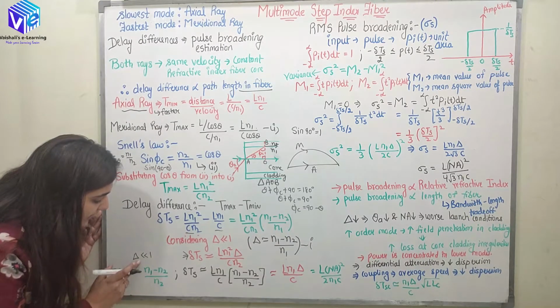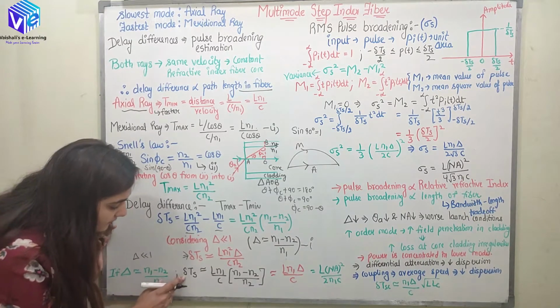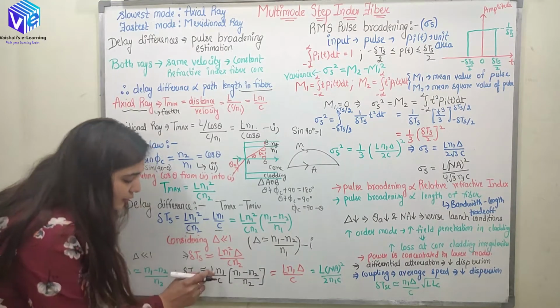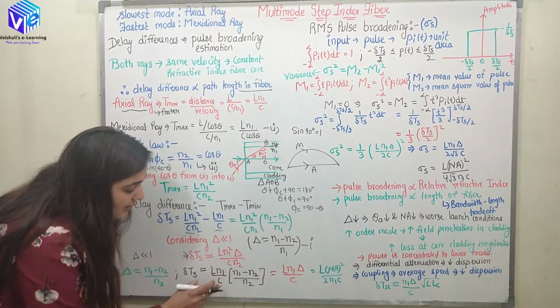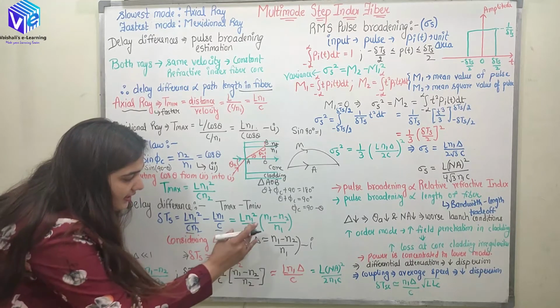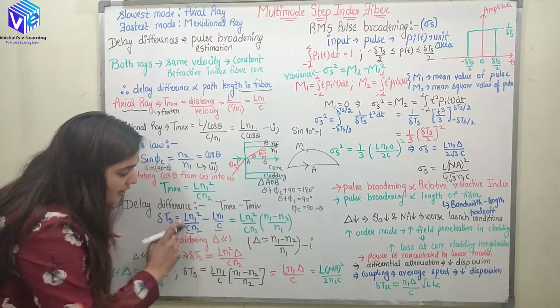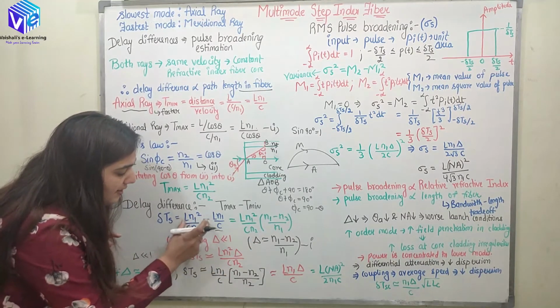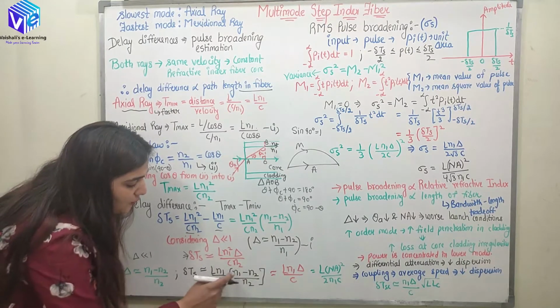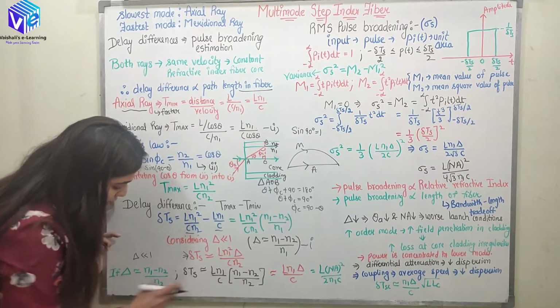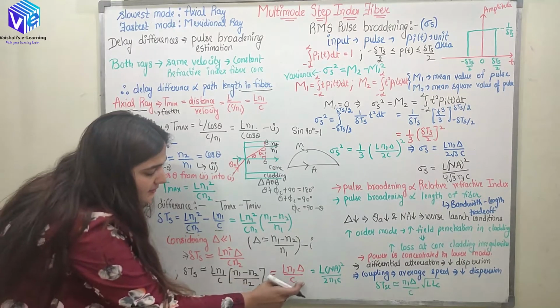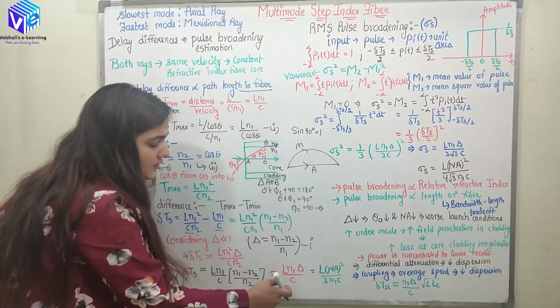So now when del is very much less than 1, delta Ts would be nearly equal to L n1 upon C, because now here I have taken L n1 upon c common. So in this equation, when you take L n1 upon c common, you would be left out with n1 minus n2 upon n2, which is again delta. So I can easily represent it as L n1 delta upon c, right?